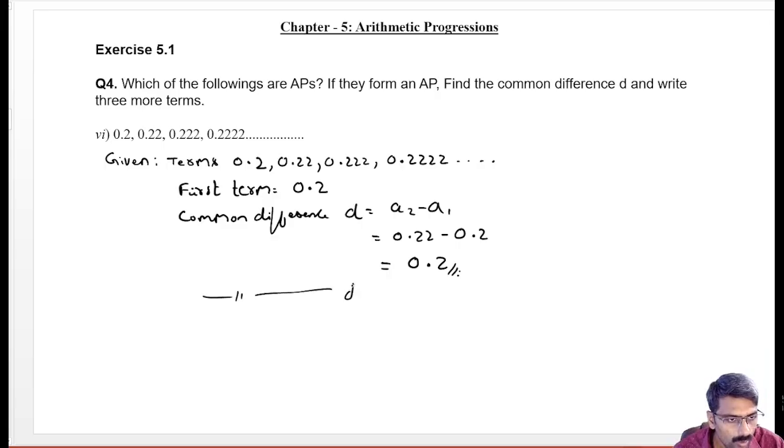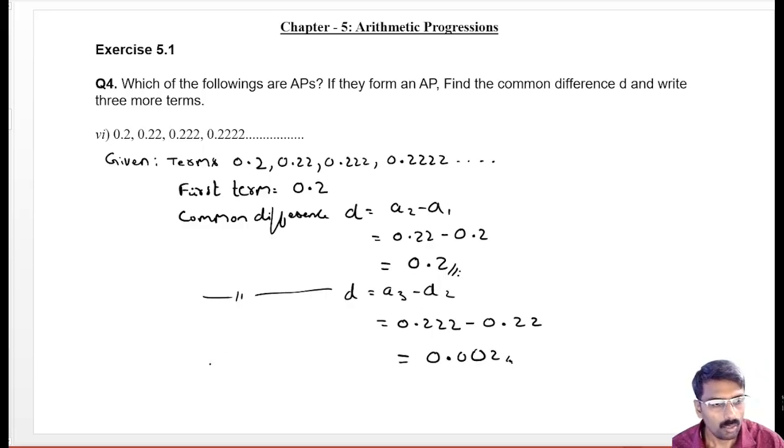Similarly, the common difference A3 minus A2 would be equal to 0.222 minus 0.22, which is equal to 0.002. So if you observe here, the common differences are not equal.